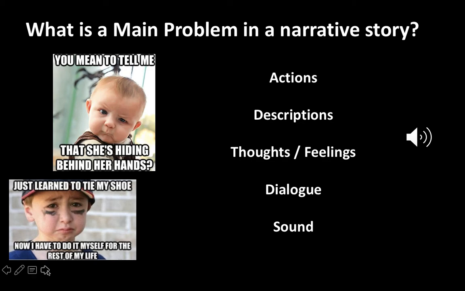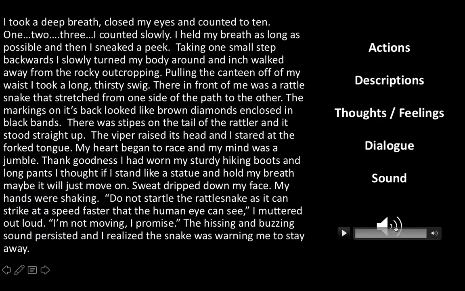Why don't we head over to the next slide for the next lesson? Okay, so what we're going to do is we're going to read through this. Now, you can read with me or read on your own, but as you're reading through this passage, what I'd like you to do is try and point out in your head the action, the description, the thoughts and feelings, dialogue, and sound.